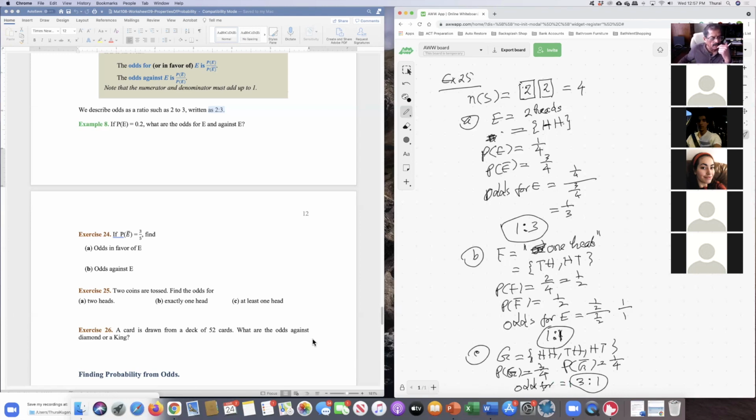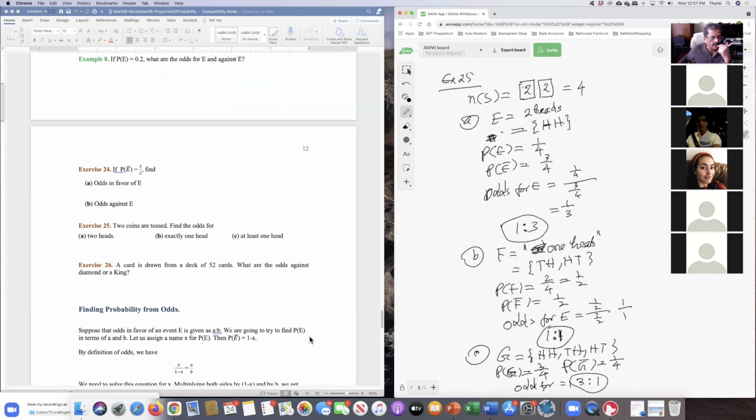Okay, going over to question 26. A card is drawn from a deck of 52 cards. What are the odds against getting a diamond or king? So we need to start with the event of getting a diamond or king.